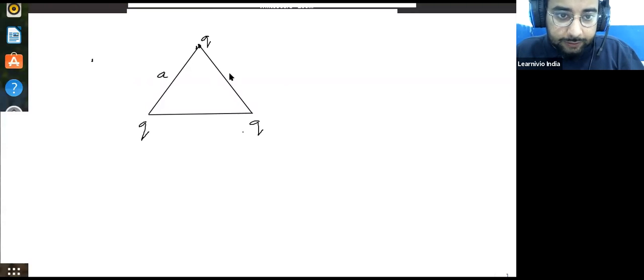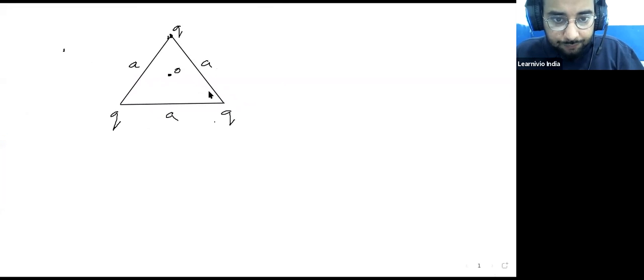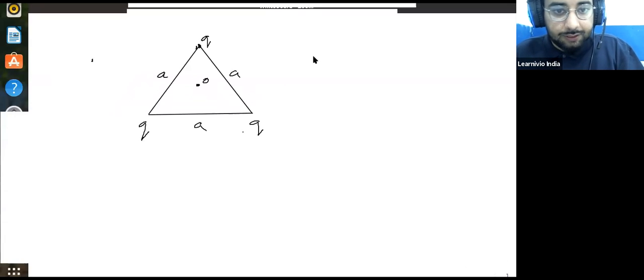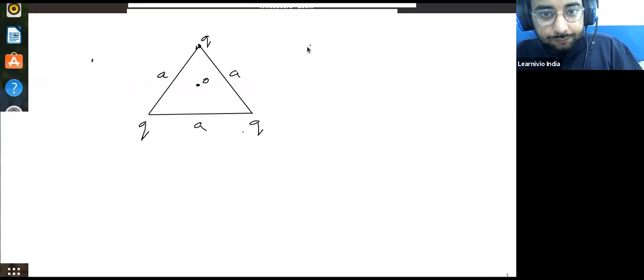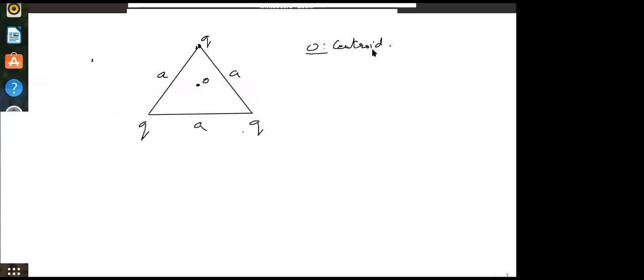Consider this to be an equilateral triangle of side A. Please find the electric field at a point O, which is at the centroid. Yes, this is the centroid. O is defined as the centroid.